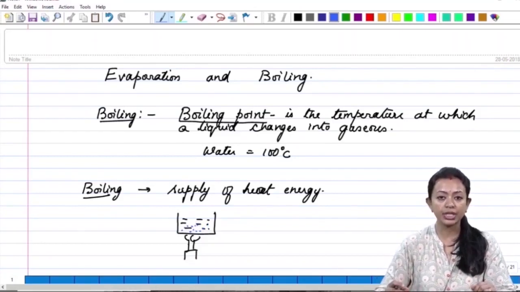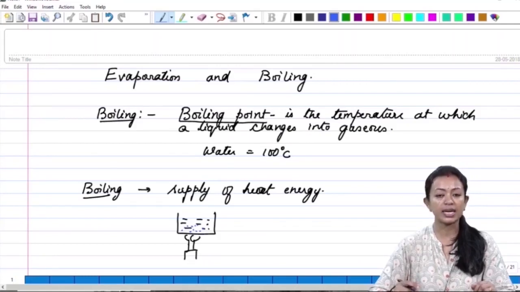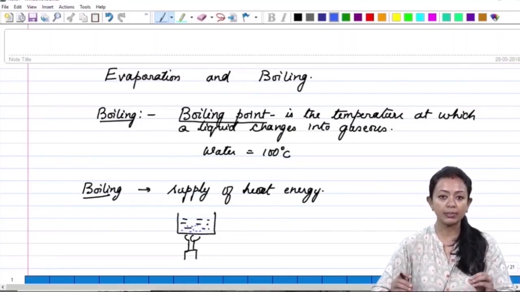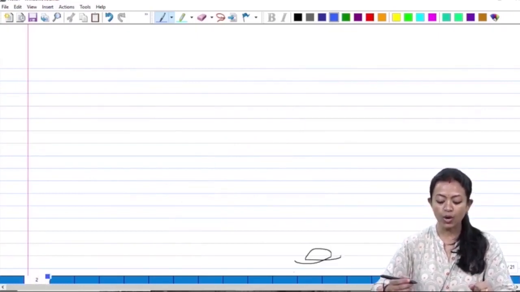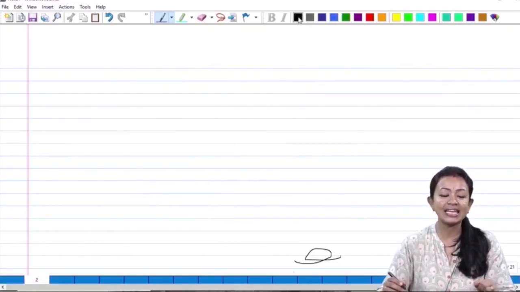They take up the energy and then they start getting converted from the liquid state into the gaseous state. So here you make a deliberate attempt to give energy to the system, which does not happen in case of evaporation. In case of evaporation, what happens is that it takes place at any temperature.